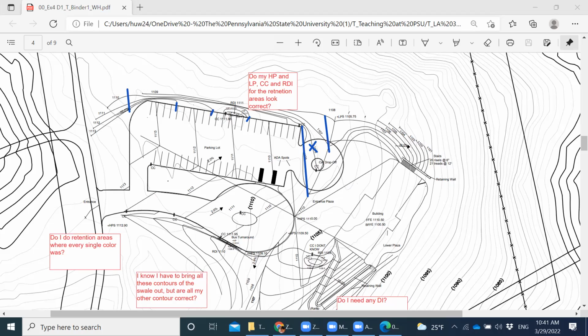And then I'll come back to this area for the divergence swale. And then once I have an idea of where my curb cuts are, I know where to create some retention areas. And then that will help me decide whether or not these contours like here need to be changed. So I think there's quite a bit of work to do for your contours.